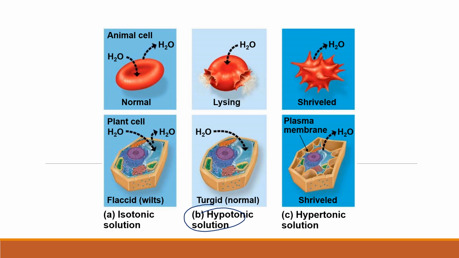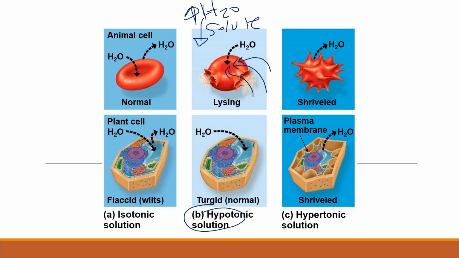So that means that outside this cell, this solution has a lower solute concentration compared to your red blood cell, and it also means that this solution has a higher water concentration. And as we talked about osmosis, we said that water likes to move from the high water concentration to the low water concentration. And so what's going to happen, the water is actually going to start entering into the cell.